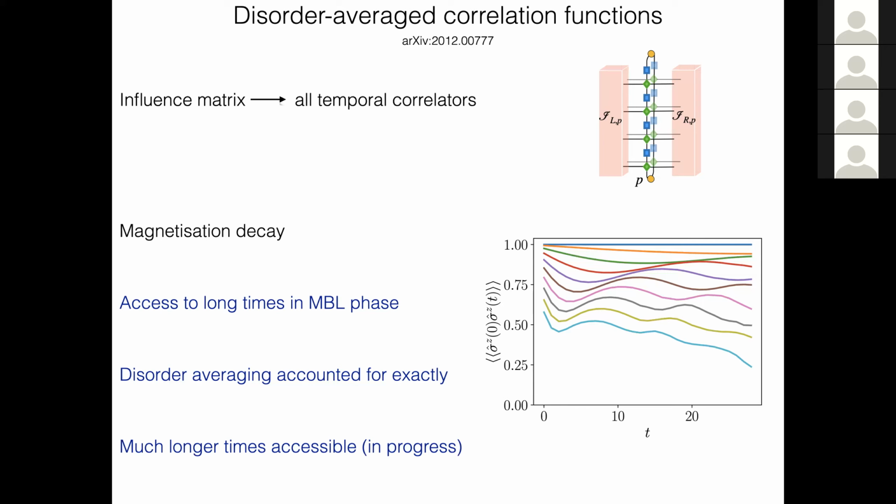So you don't have to worry about disorder averaging as you usually do in these kinds of problems. Here I'm showing it up to time about 30, but one can push to much longer times because temporal entanglement remains low.